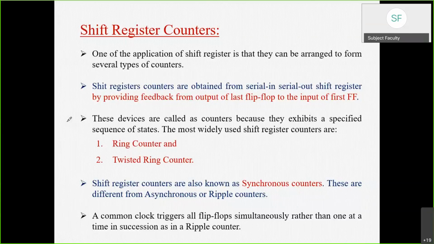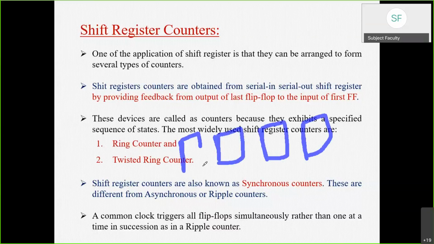I will just denote here that suppose 4 D flip-flops are used in serial in, serial out shift register. So I'm just drawing 4. Obviously I'm not showing the clock here because the clock is taken common and applied simultaneously. So I will just denote this with the input and output of the flip-flop. A D flip-flop has only one input terminal.